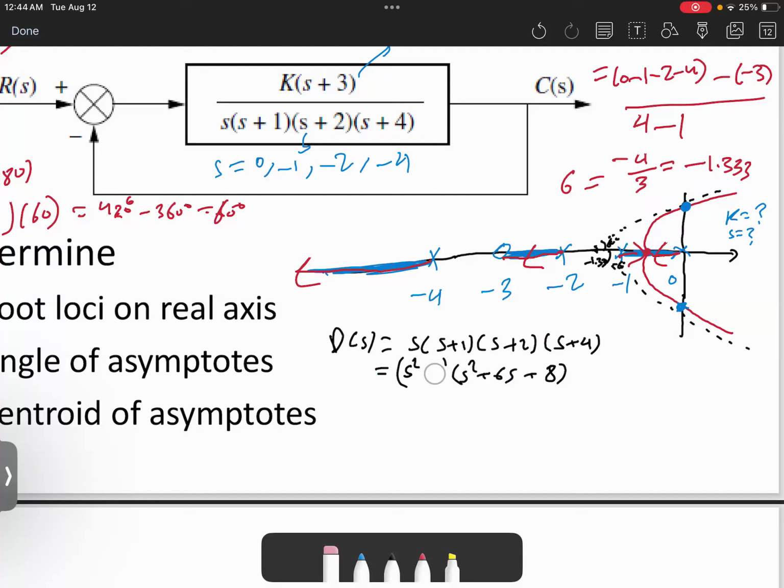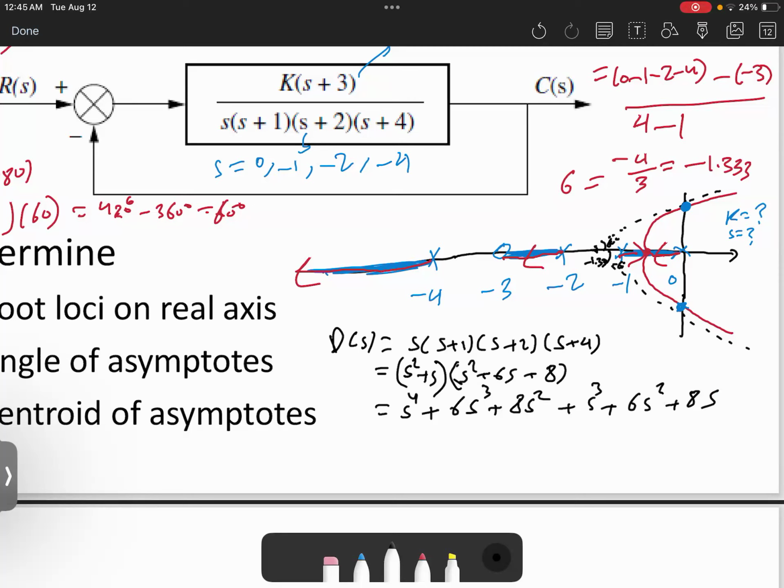Then the next thing is to multiply these two: s times s will be s power 4, s squared times 6s is 6s cubed, plus 8s squared. Then let's deal with s: s cubed plus 6s squared plus 8s.